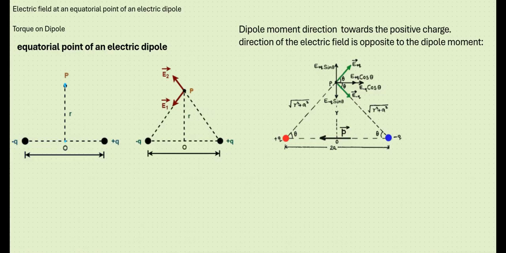For these two charges, the electric field occurs. For the positive charge, electric field E2, and for the negative charge, electric field in this direction, and the net electric field will be in this direction, and the total electric field for the equatorial point of the dipole will be 1 by 4 pi epsilon naught, dipole moment over r cube.